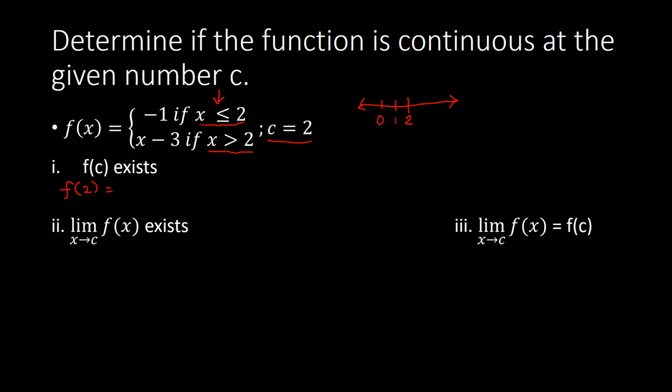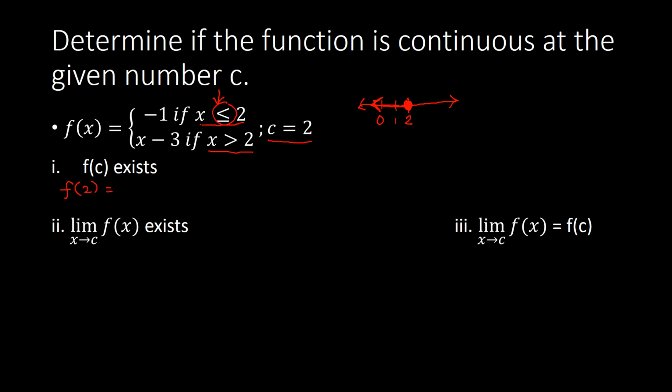Take note, we've got an equal symbol here, so if you are to plot your number line, the 2 there, with the less than or equal symbol, means this one is a closed point, and the values are located on the left side of that particular value. Since this is closed, we are going to include that number as part of the domain.